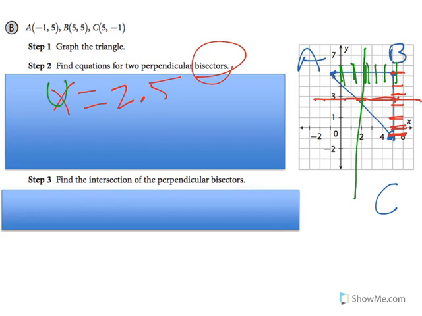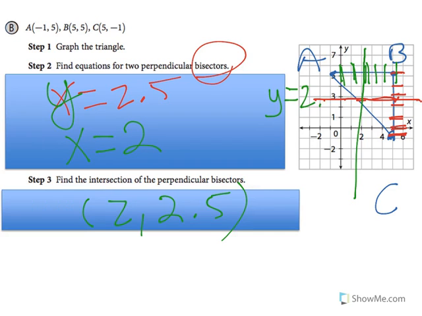Let's change this to a y. And this is an x equal to 2. Okay, so then the point of intersection is 2 and 2.5. Right, so this is our y equal to 2.5, and this is x equal to 2.